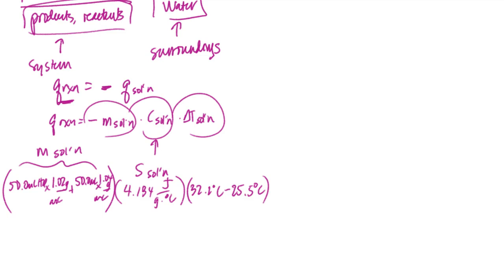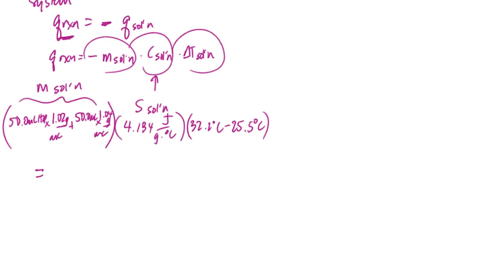And so if I go ahead and carry all of that out, I get negative 2,887.3784 joules, because the grams would cancel, the milliliters cancel, and my degrees Celsius would also cancel.